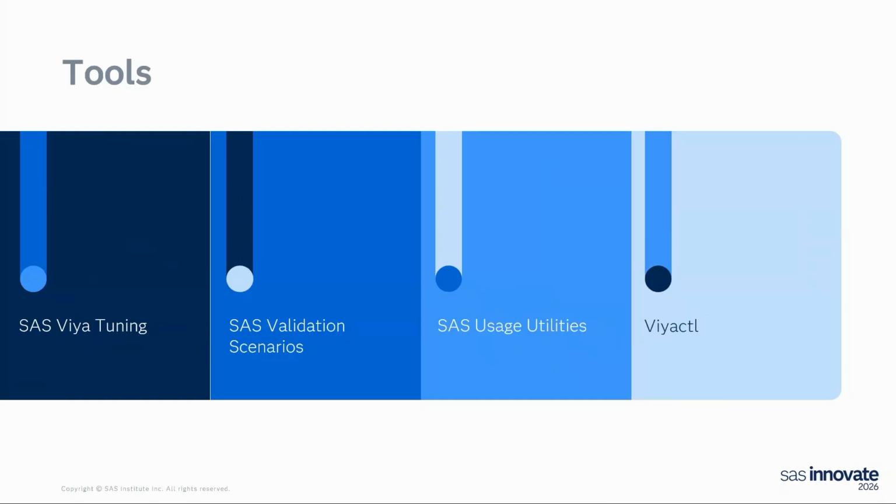And then the last thing is Viya Cuddle or Viya CTL. And that is a tool that allows you to control the configuration within your Viya environment. And especially if you have multiple environments to maintain, this tool helps you to maintain the configuration in a consistent way. So this tool takes an input file that describes all the configuration parameters in your environment and then applies it to that environment.